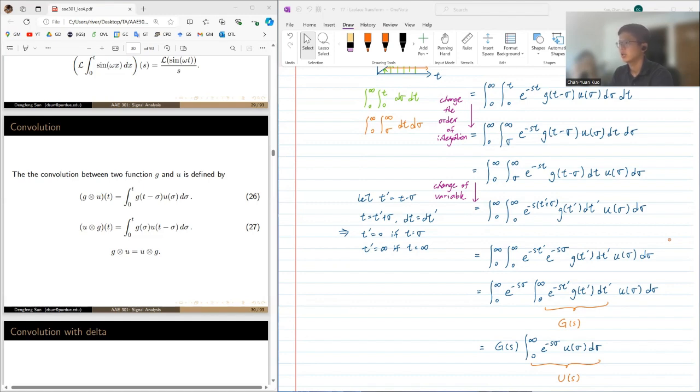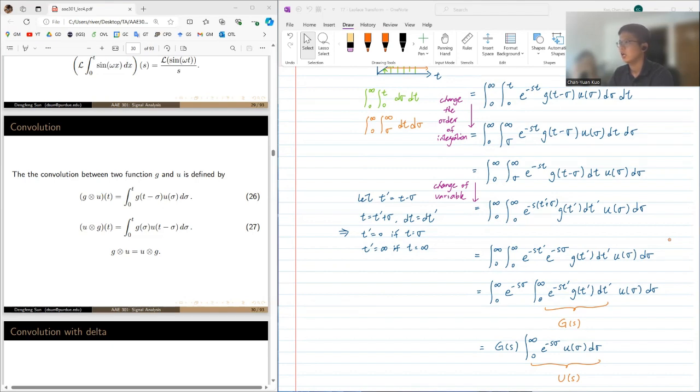And next, we will introduce a new variable called t prime, and t prime is equal to t minus sigma. And according to this definition, we know that t will equal t prime plus sigma, and dt will equal dt prime. In addition, when t is sigma, t prime is equal to 0, and when t is infinity, t prime is also equal to infinity.